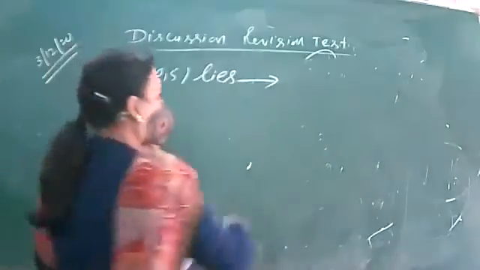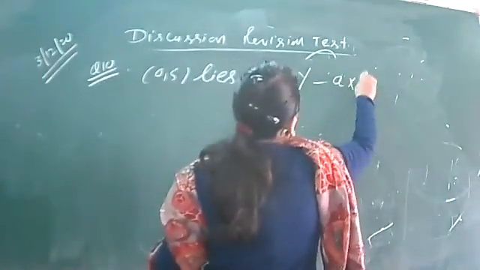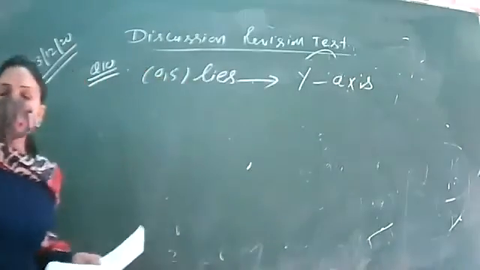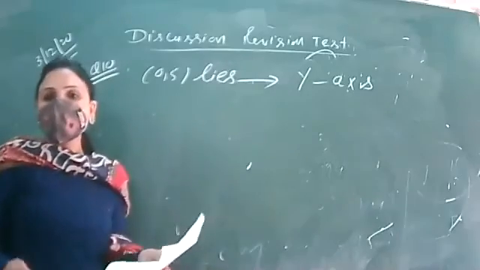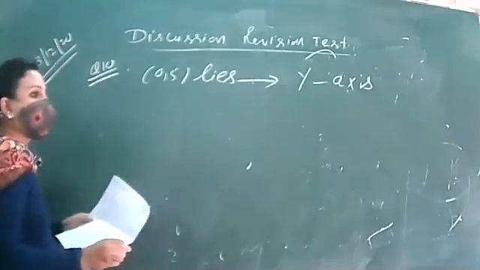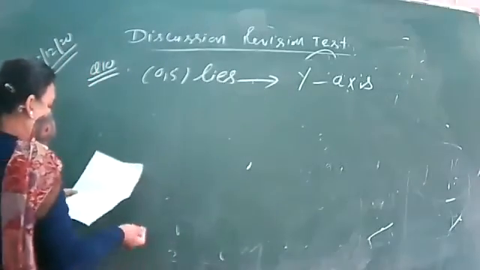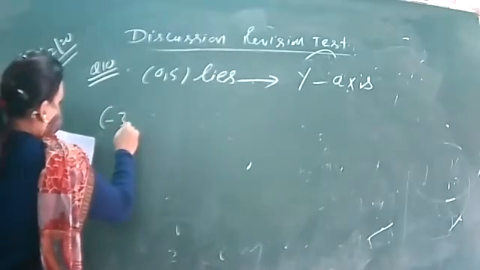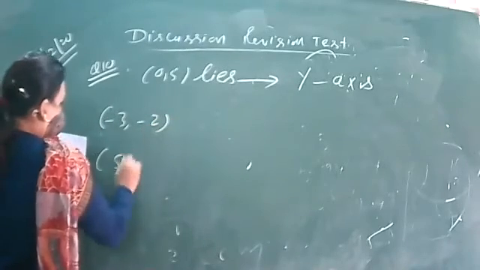Y axis. बिल्कुल सीधी सी बात, opposite you have to think. All the points which lie on y axis, their x coordinates are 0. So many times I have told you, but no seriousness about the studies.